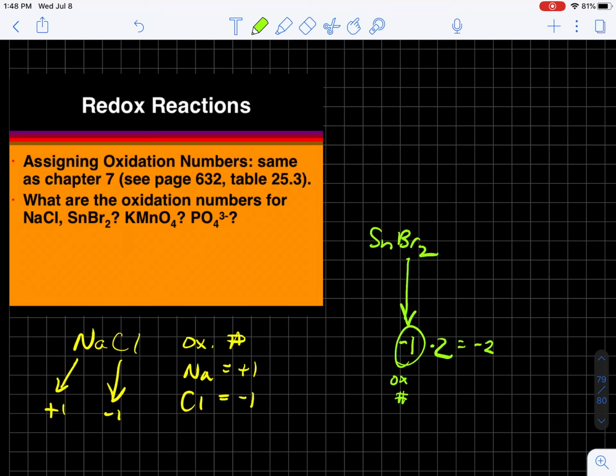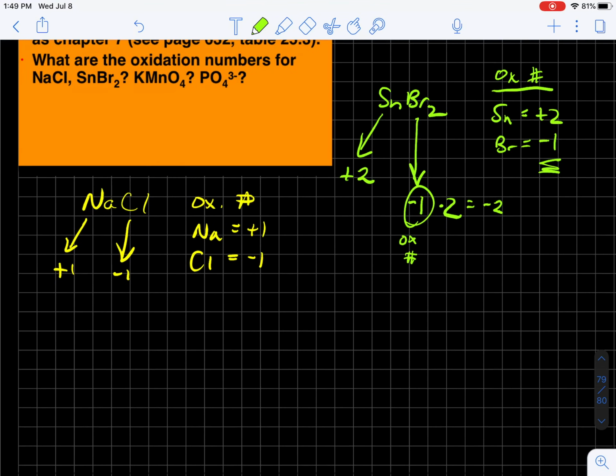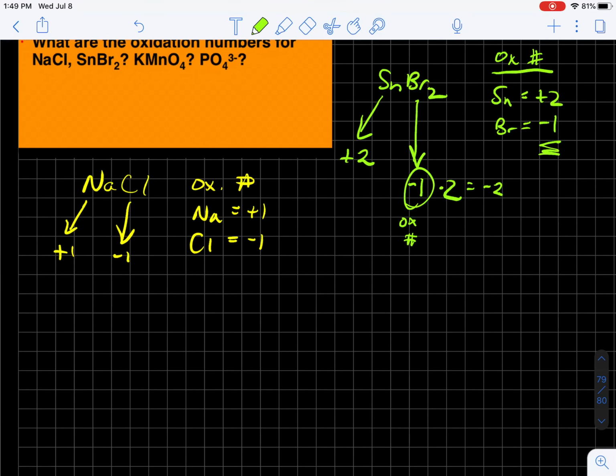However, there's 2 bromines in the molecule, so that bromine creates a total of negative 2 charge. And we can use that negative 2 to figure out that the tin has an oxidation number of positive 2. So again, we would answer oxidation numbers, tin, positive 2, bromine, negative 1. Again, oxidation number, not total charge.